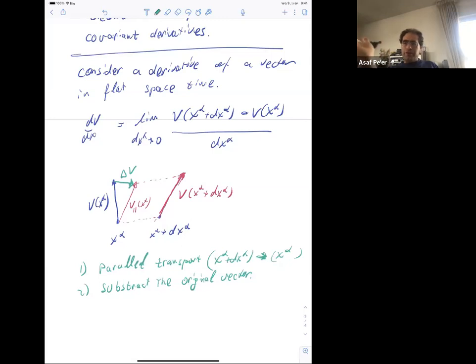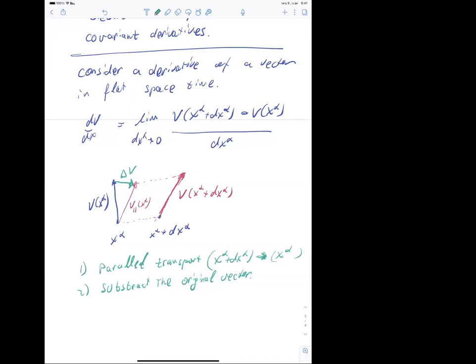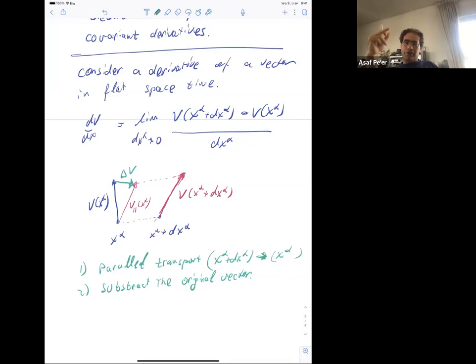You can always do that because we said that the spaces we work on, the manifolds, are well behaved. Namely, in the vicinity of every point, they look Euclidean. So if you go close enough, and what we do here, of course, we take the limit of dx alpha goes to 0. So when we're close enough to the point in question, x alpha or p or whatever you want, then it looks Euclidean. So we can always do this parallel transport.